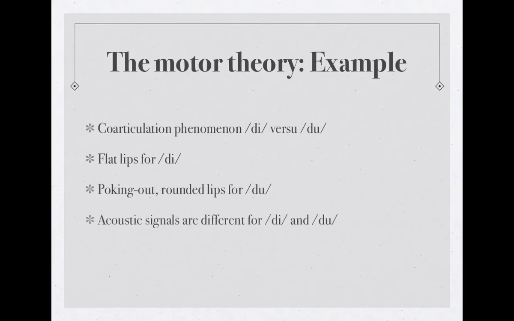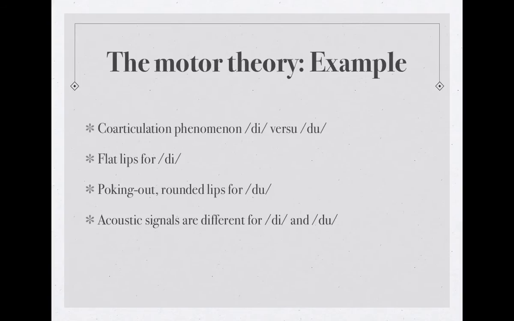Acoustic signals are different for D and do. The acoustic signals when you hear D, and the acoustic signals when you hear do, if you represent them in the form of a spectrogram, they are going to be different. So that's why the acoustics is lacking behind, and that's why we have this theory of motor theory.